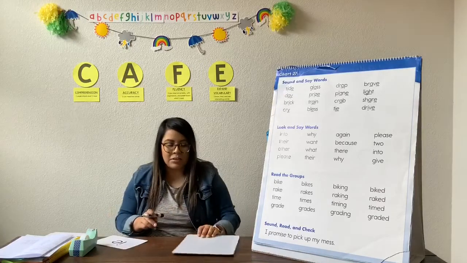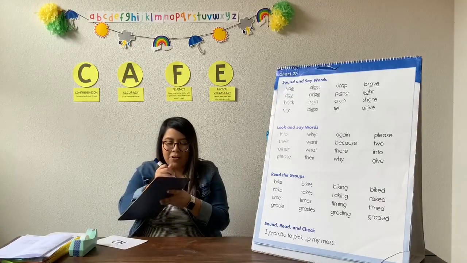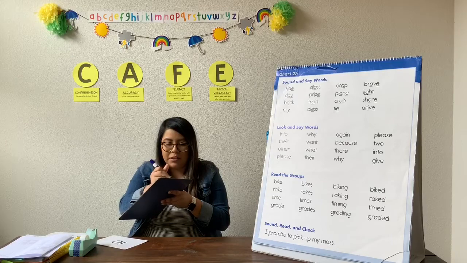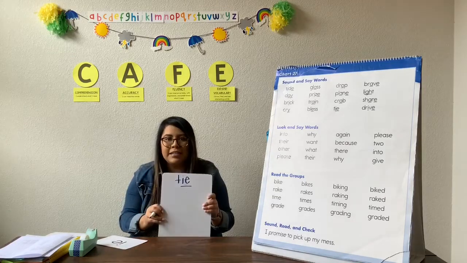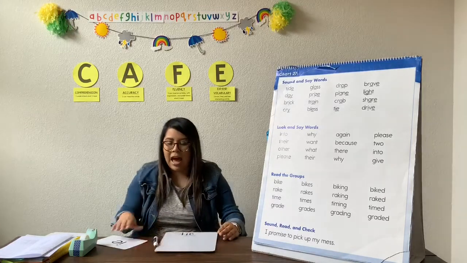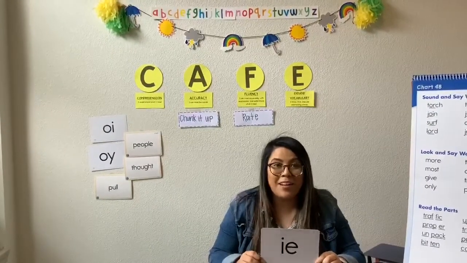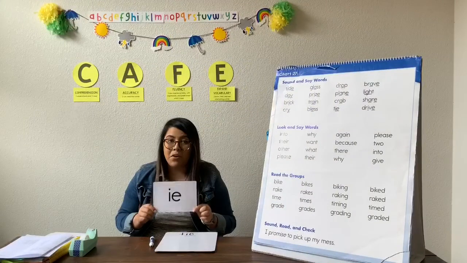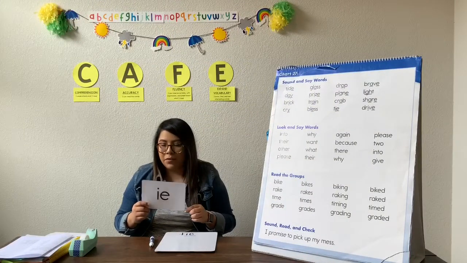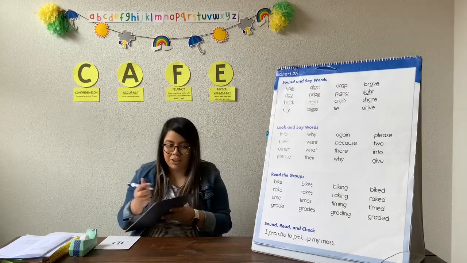And I'm going to write that word down here on our whiteboard. So I as in tie. IE, the vowel pattern, IE makes the long E sound, usually in the middle of a word. So, like in field.